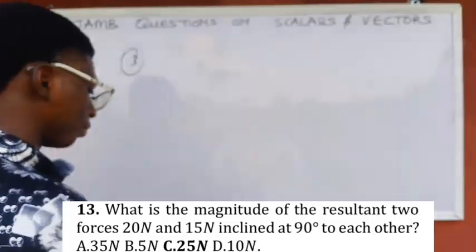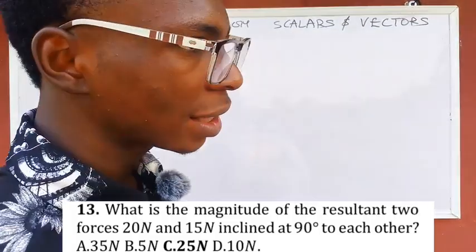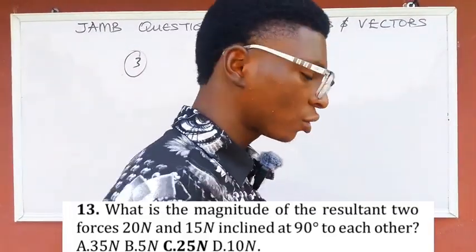Now, this one, we are asked to calculate the resultant of two vectors acting at 90 degrees to each other. Of course, that's very simple, you know.